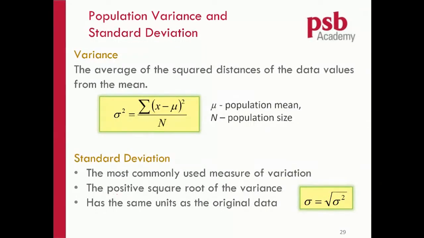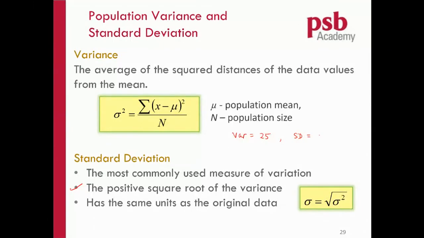Standard deviation, look at this point. Standard deviation is a positive square root of the variance. So for example, if the variance is 25, then how much is the standard deviation?